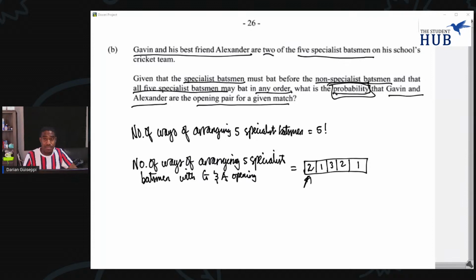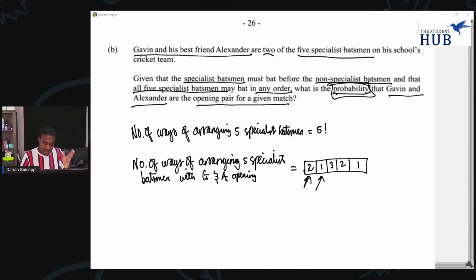You probably want to know why I put 2 there. We put 2 there because you could put either Alexander inside there or Gavin. Once you put Alexander or Gavin there, you then put whoever is remaining in the second space, because remember they had to be the opening pair of batsmen.